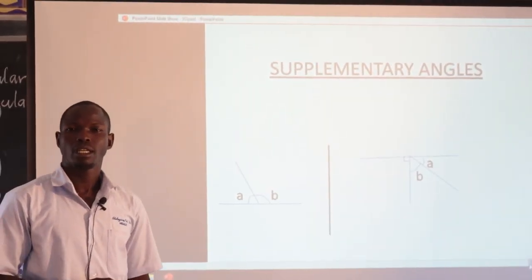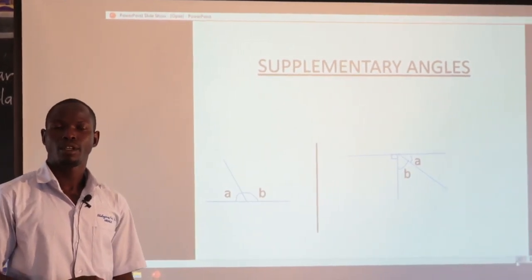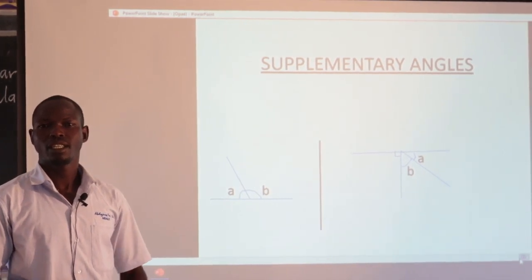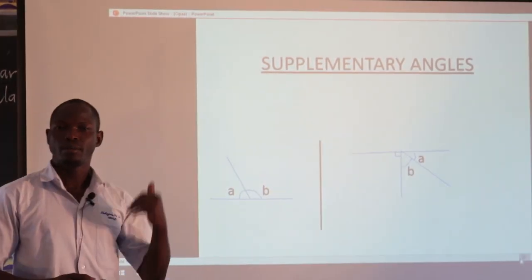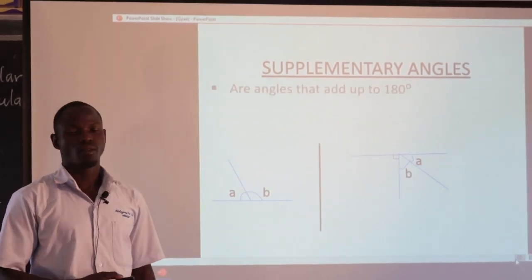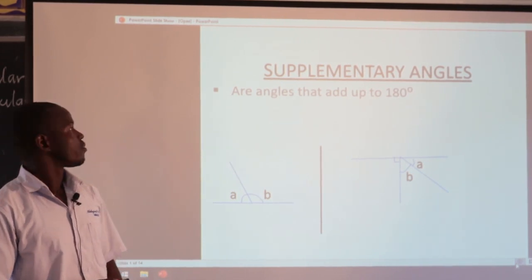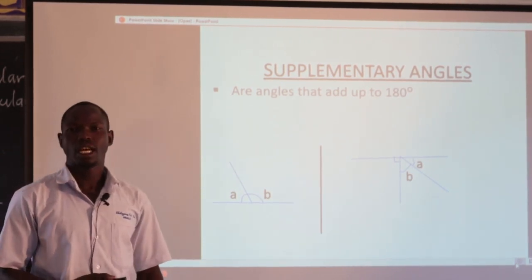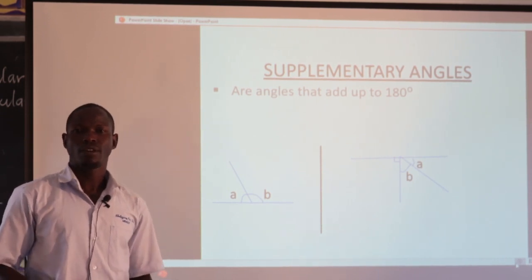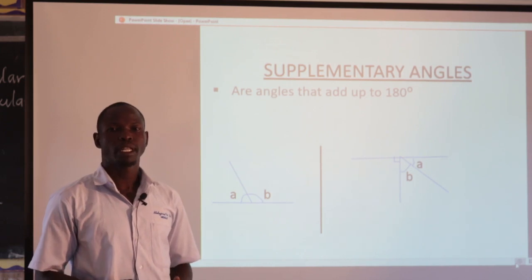Remember, we finished studying complementary angles, and with complementary angles we said their sum is 90 degrees. This time round, for supplementary angles, the sum is 180 degrees. We are saying supplementary angles are angles that add up to 180 degrees. That is the difference between supplementary and complementary angles.